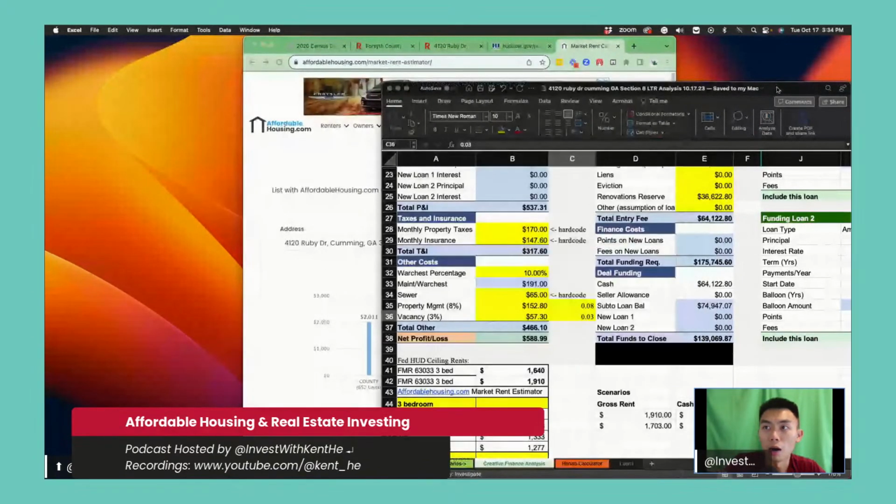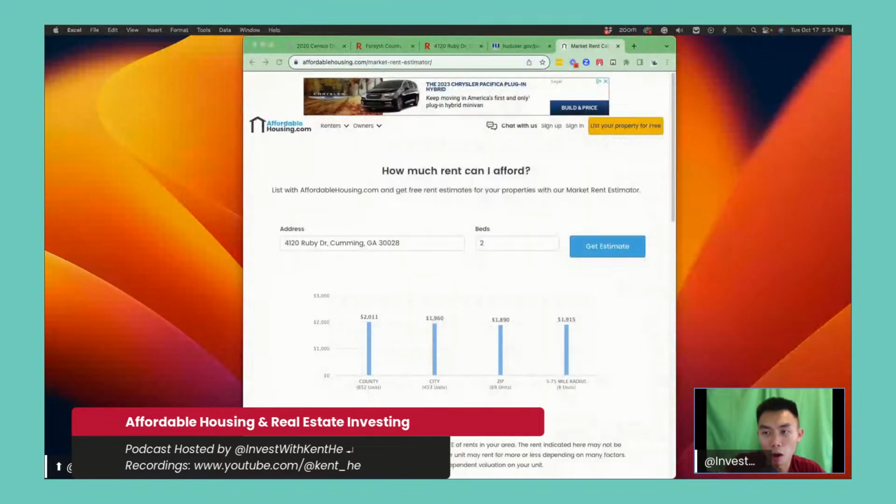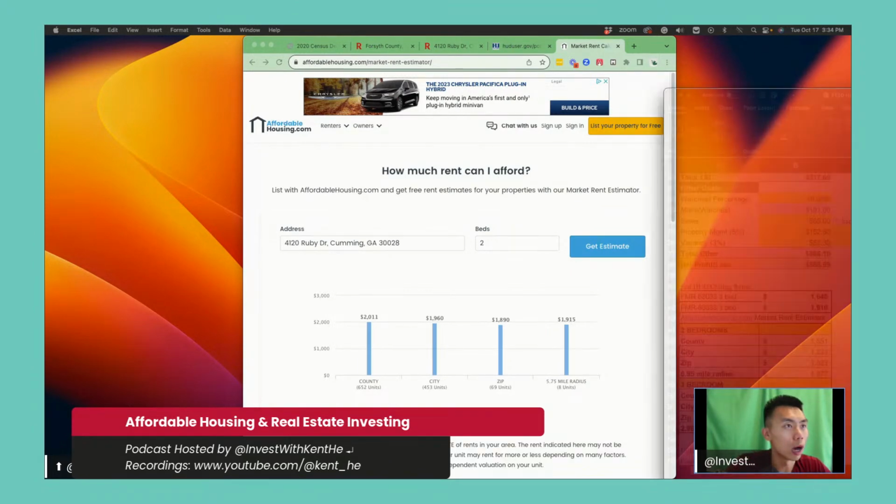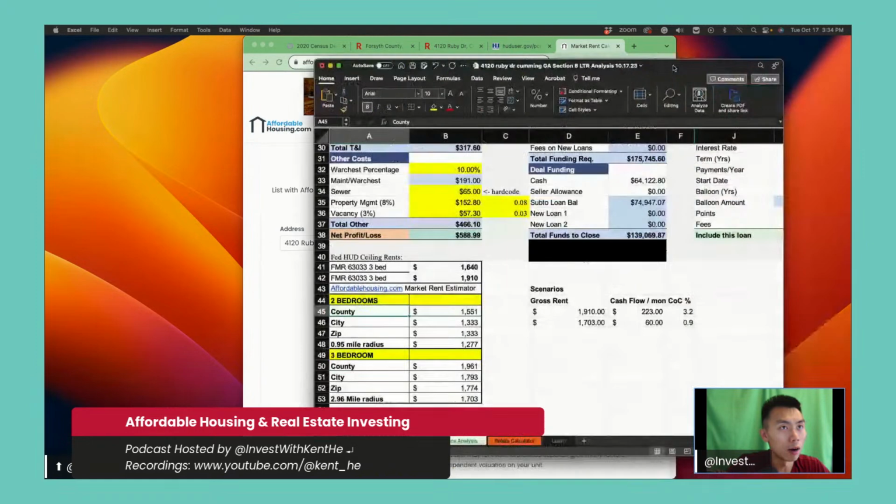In order for your rent to be reasonable, it needs to be below the FMR, but it also should not be much higher than a comparable property with similar amenities in that area, okay? So here's what I'm going to do. I'm going to show you guys exactly how I note down these rents.